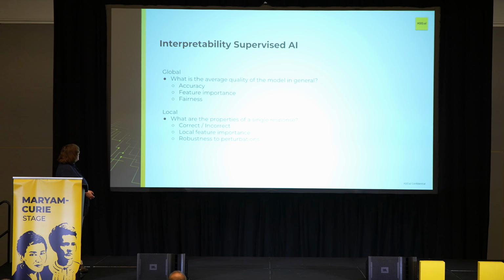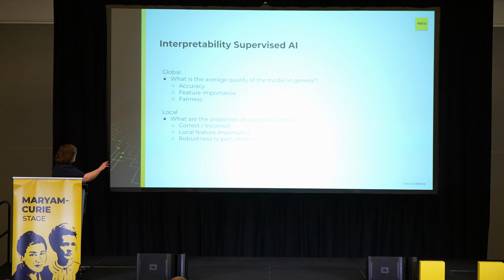Another analogy between supervised AI and LLMs or GenAI is we're interested in both global properties of the model, such as how accurate the model is overall, what features the model may be using in order to perform its calculations, whether it's fair to different groups. And so we want to have a general sense of how the model's performing globally.